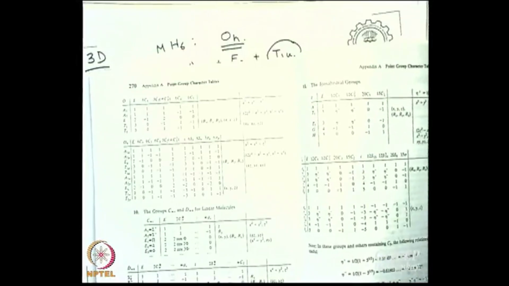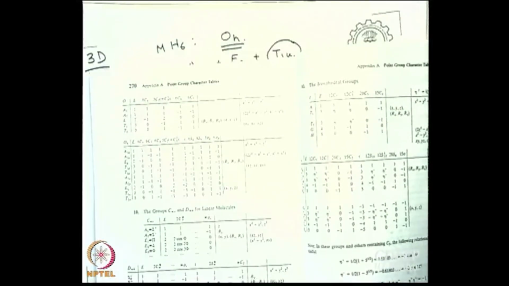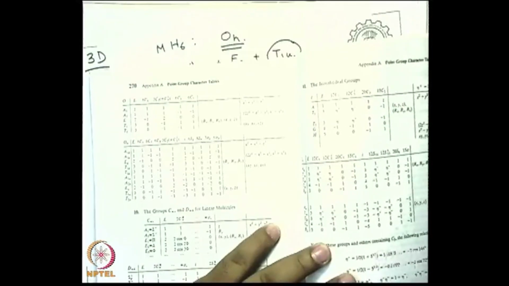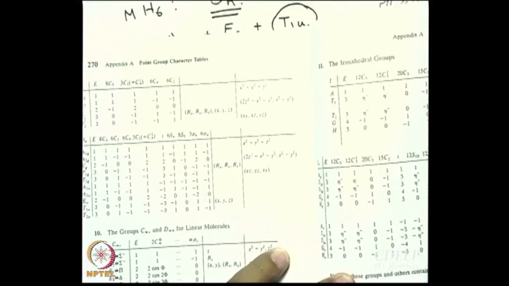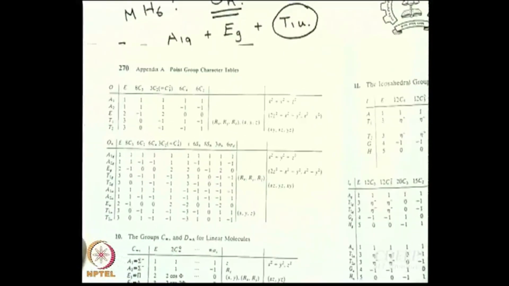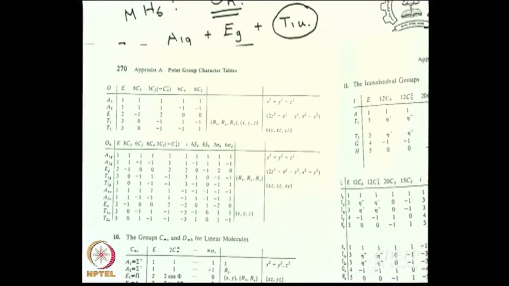You can read it, can't you? Let us work in the O point group. What is it? T1, isn't it? T1. So, remember what they are: sigma 1 minus sigma 2, sigma 3 minus sigma 4, and sigma 5 minus sigma 6. The character of E, of course, is 3. There is no issue with that.